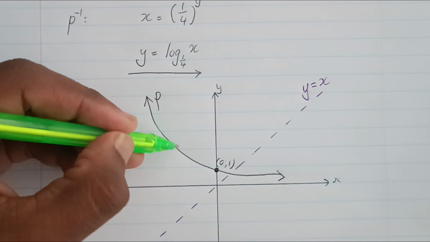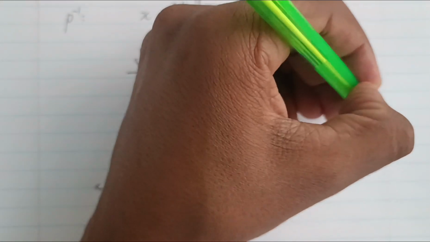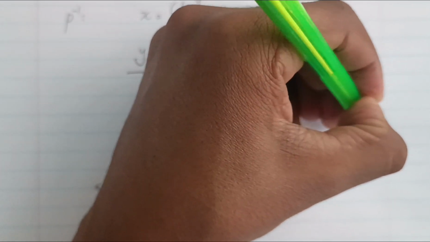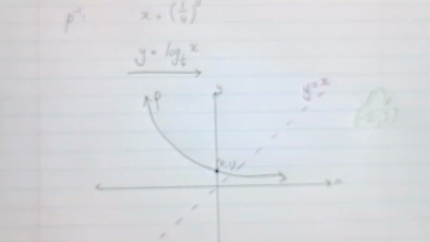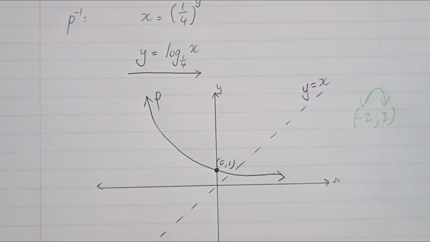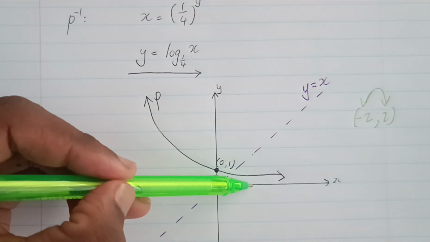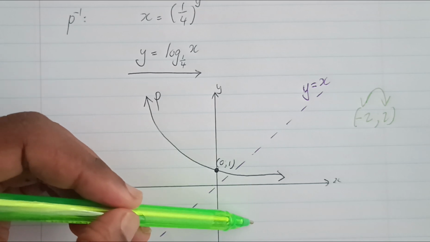If I swap those around, my random point of (-2; 2) becomes (2; -2), so my x value is now positive 2, maybe over here, and y is minus 2, so I think that's over here.